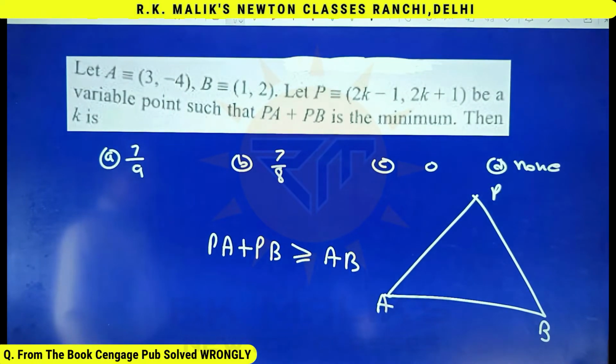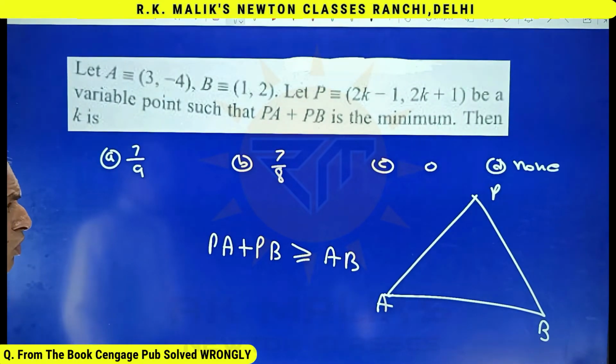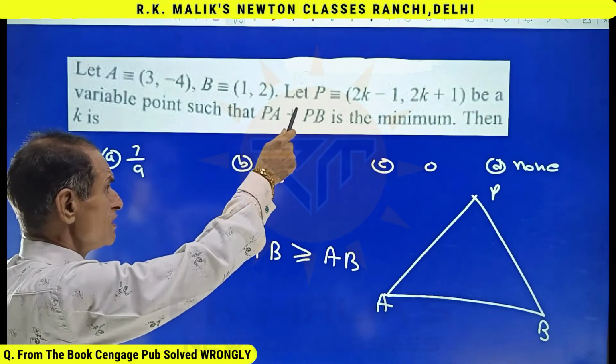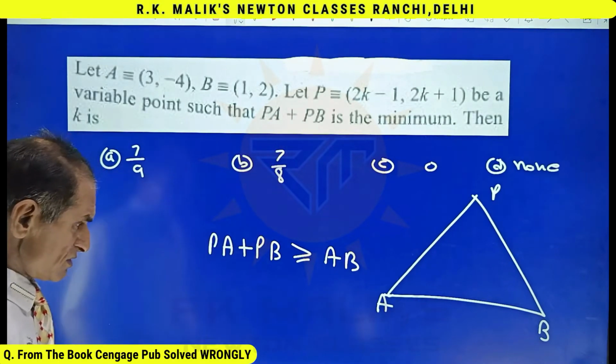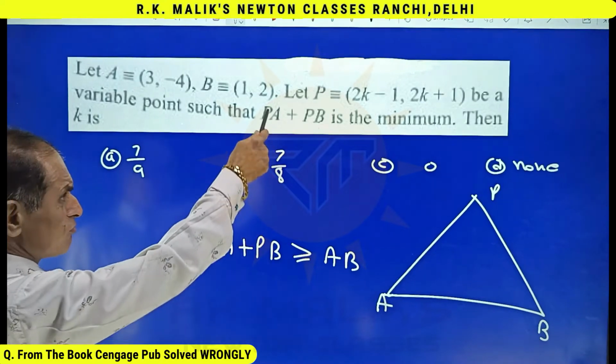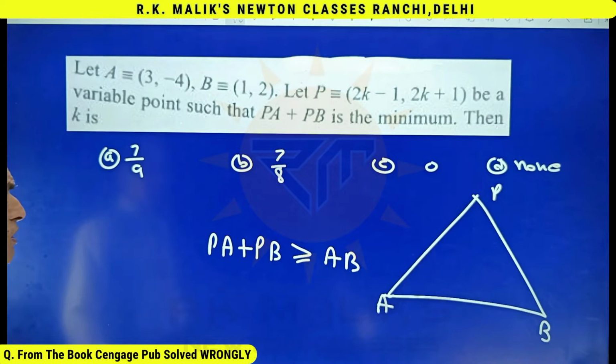That is, when P, A, B are collinear, the least value of PA + PB will be AB. But he is not asking the least value of this, he is just asking the value of k so that this becomes least. And this will be least when P, A, B are collinear.